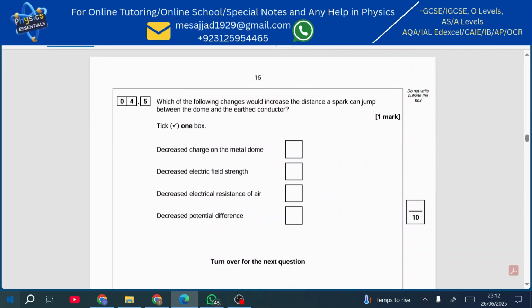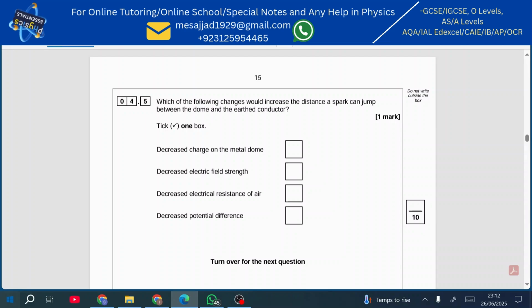4.5. Which of the following changes would increase the distance a spark can jump between the dome and the earth conductor? So you can say that if the air resistance between the two domes is decreased, the spark can jump more and more.